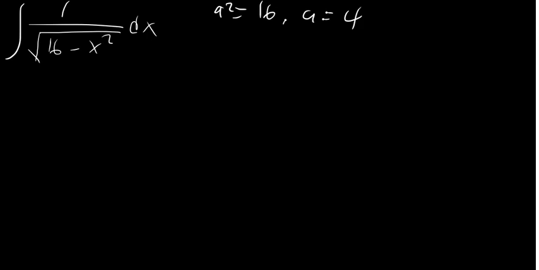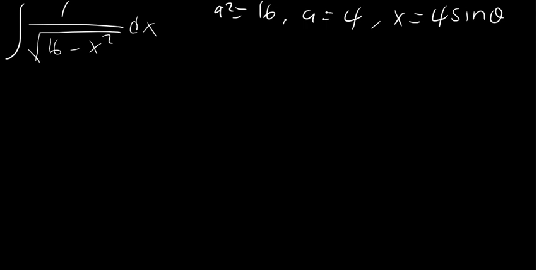Since that formula comes from the first formula, we know that x is going to be a sine theta. But what is our a? Our a is basically 4. So x is going to be 4 sine theta.